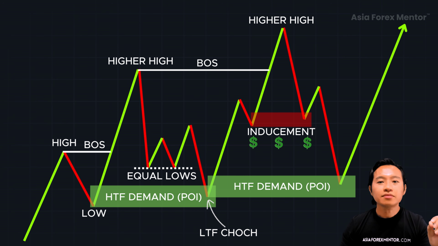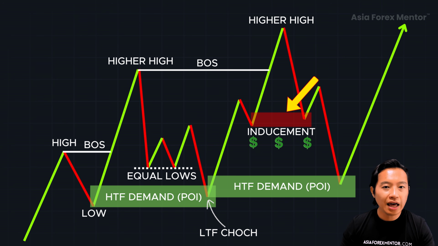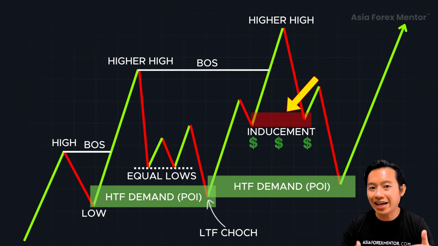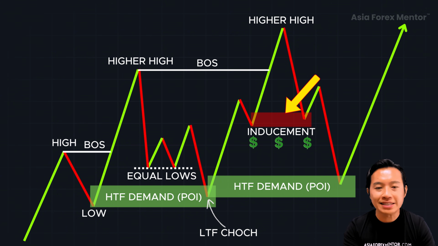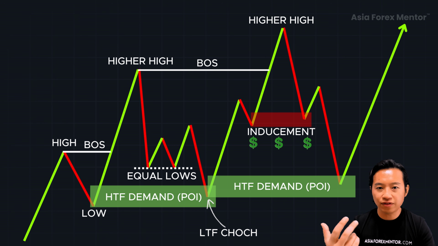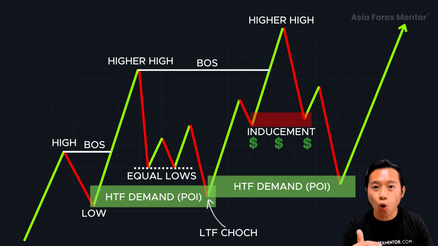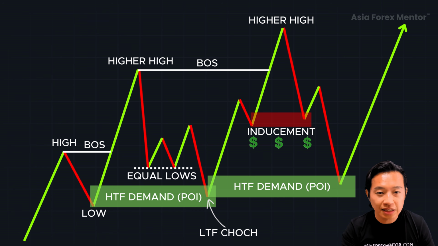Okay, so the order block acts as a trap, creating a false structure to trick traders into expecting a downward reversal. So what happens as a result? Traders are often induced to open sell positions, placing their stop loss above the internal high.